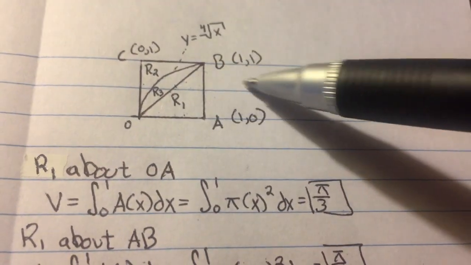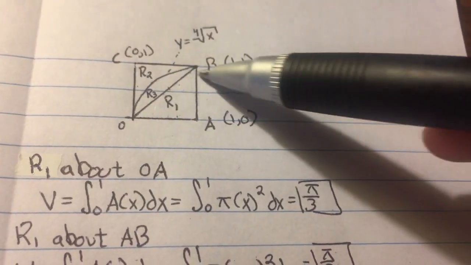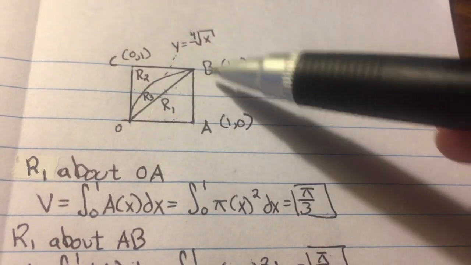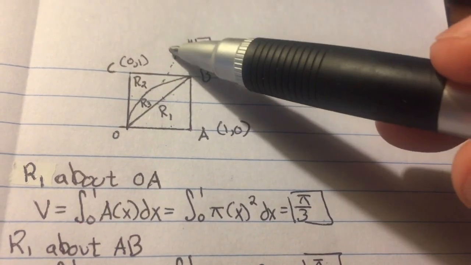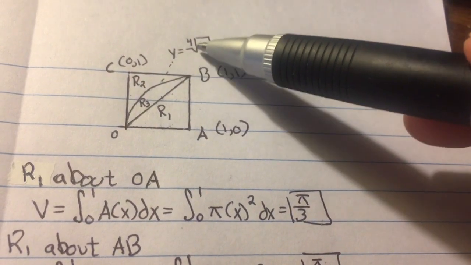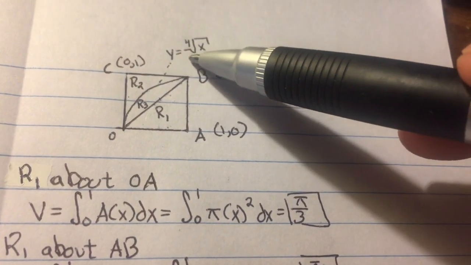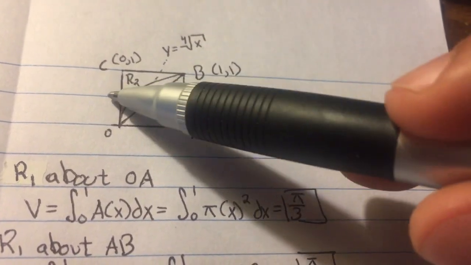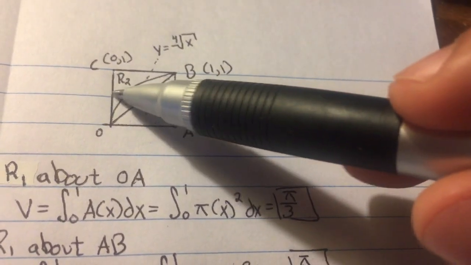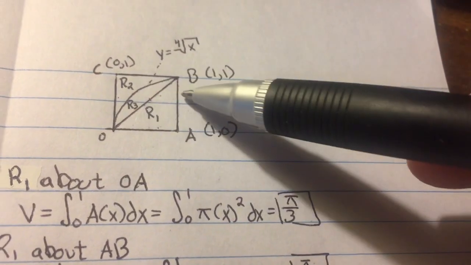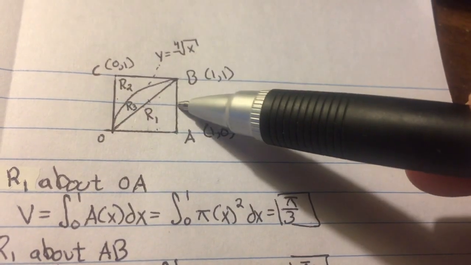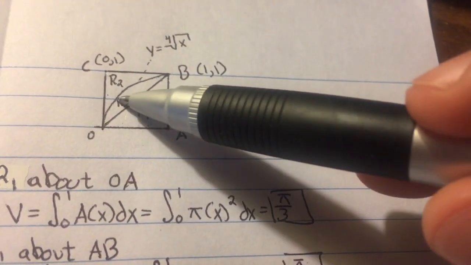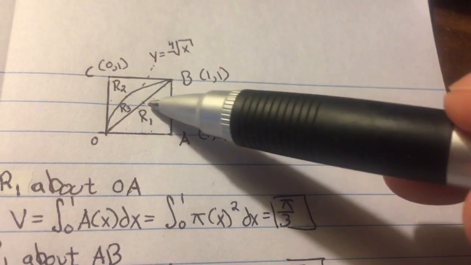R2 about AB. So in this case, we've got that same boundary here, but we want this to be in terms of y, so we're not going to use y equals the fourth root of x. We're going to say that x is equal to y to the fourth. So it's going to be a big radius, which takes into account everything, which is just 1. So we have pi 1 squared minus, so what's the radius of this part that we want to take away, the region that includes R1 and R3?